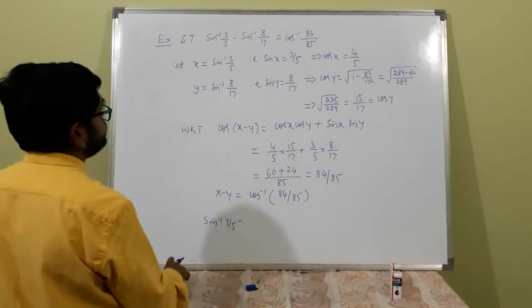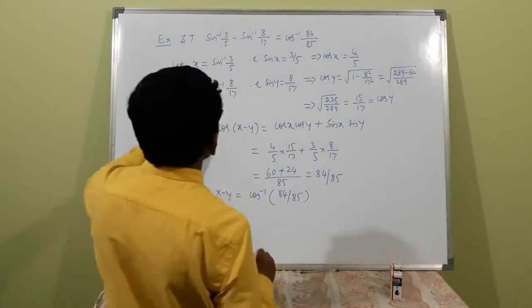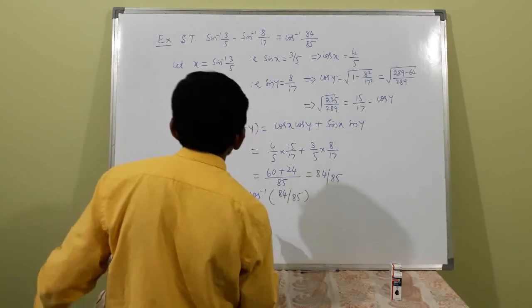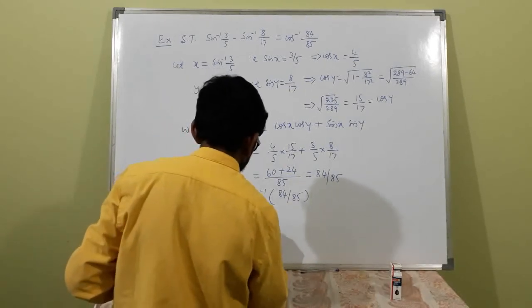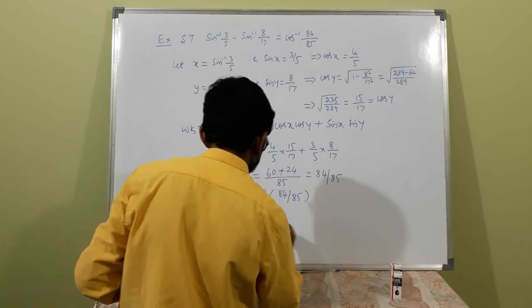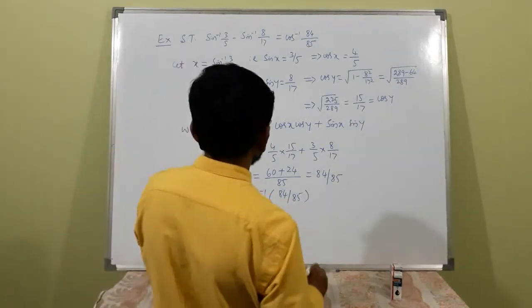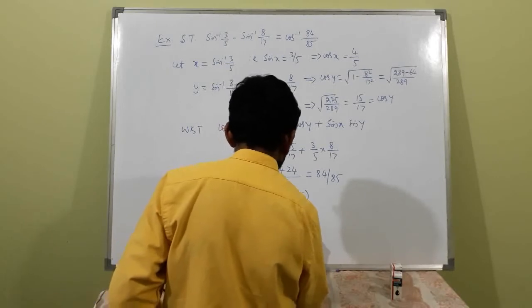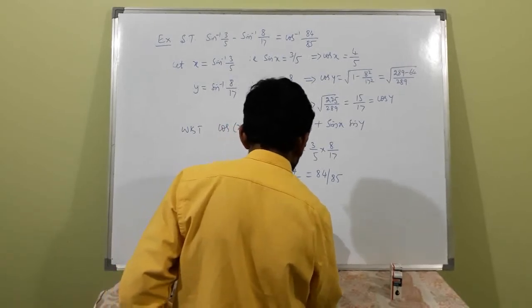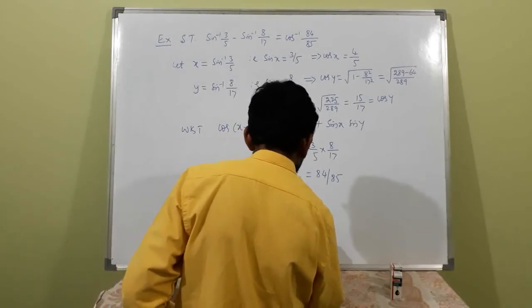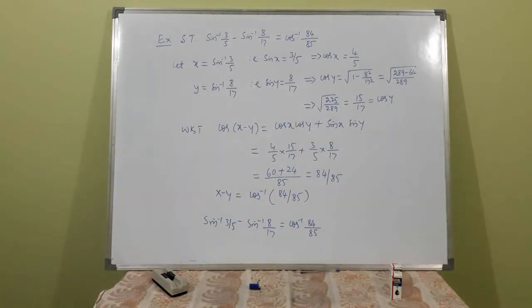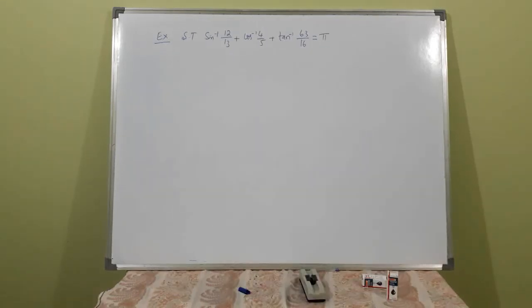What is y? That is sin inverse of 8 by 17. So the required x minus y is cos inverse of 84 by 85. Hence the result is proved.